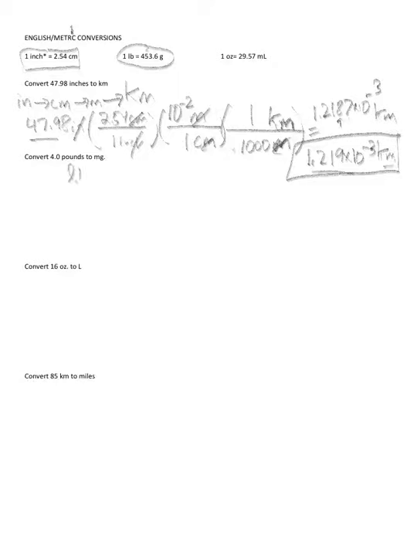I'm going to go from pounds to grams, then grams to milligrams. So 4.1 pounds. A pound is the same as 453.6 grams.